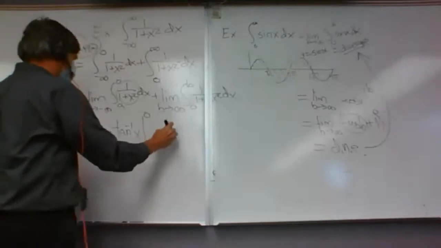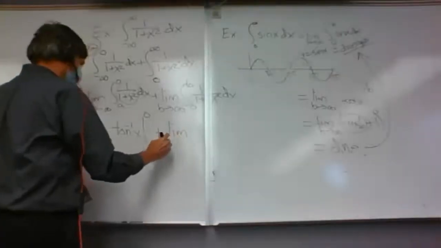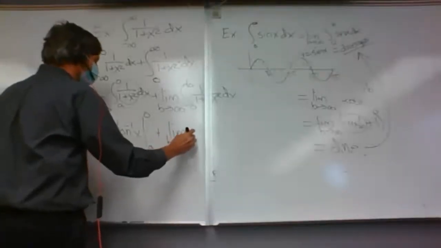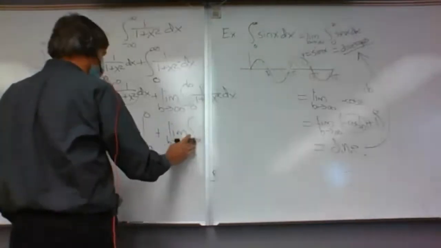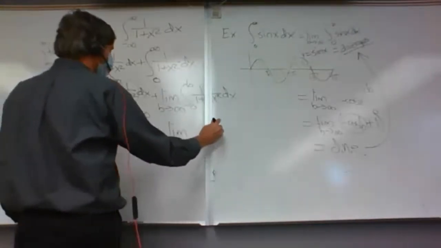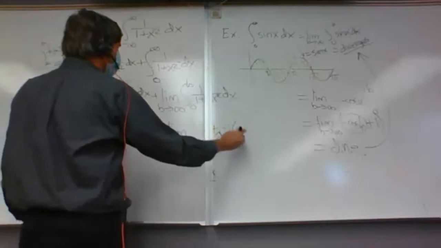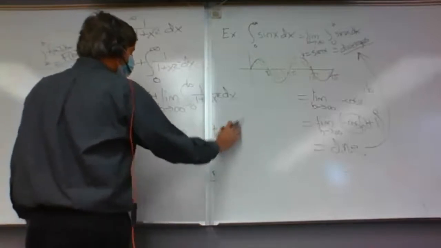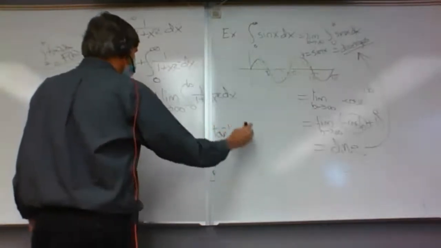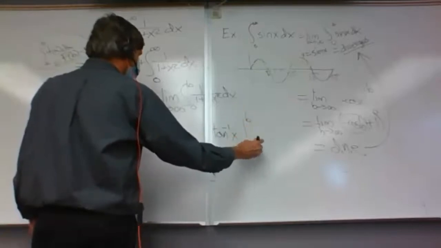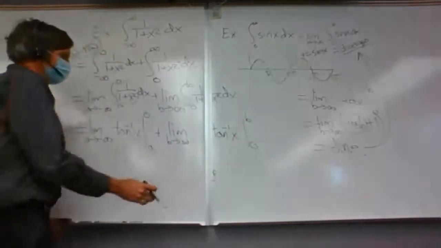Then we have plus the limit as b goes to plus infinity of arctangent x taken at b and at 0, subtract.